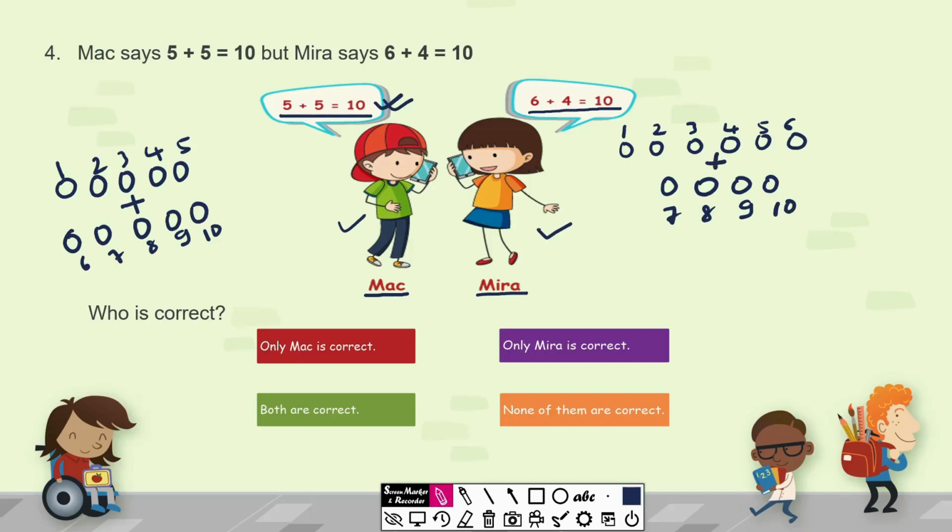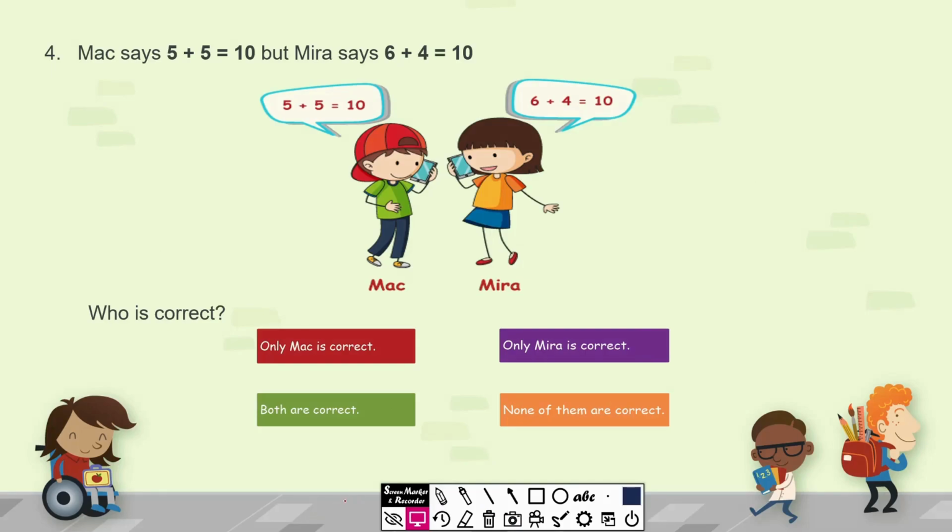Yes, the addition of these two is also equal to 10. So this is also correct. So tell me now, who is correct? Only Max is correct? No. Only Meera is correct? No. Both are correct. Yes, they both are absolutely correct.